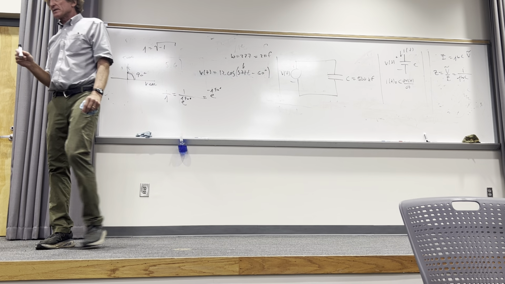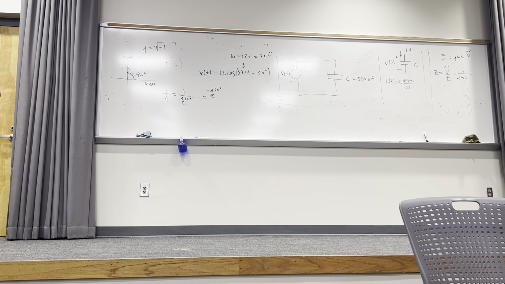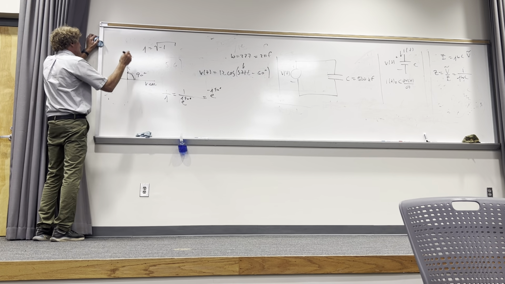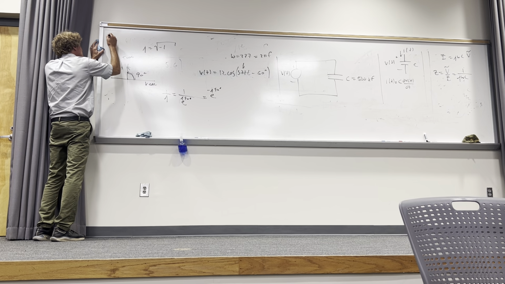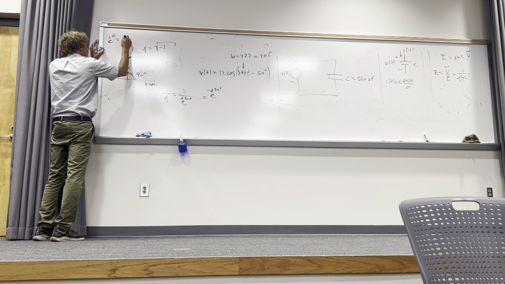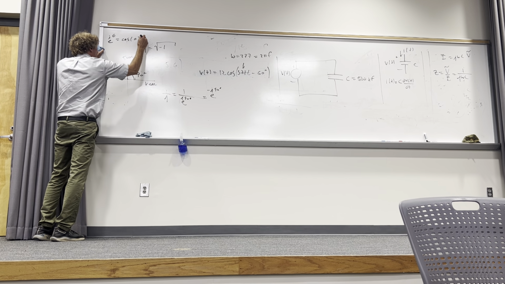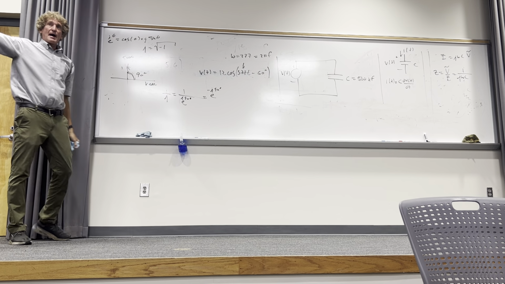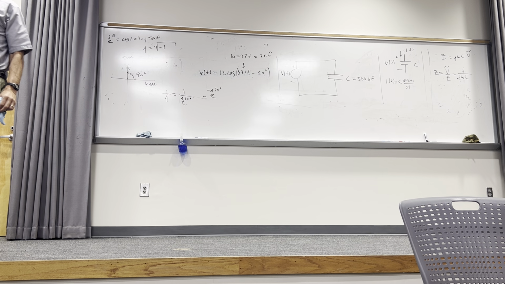Now, I'm going to just write this down one time, and I don't want you looking at something that is not really that important. Euler's identity says e to the j any angle is cosine of that angle plus j sine of that angle. How many remember that? There's also the sine form and the cosine form.